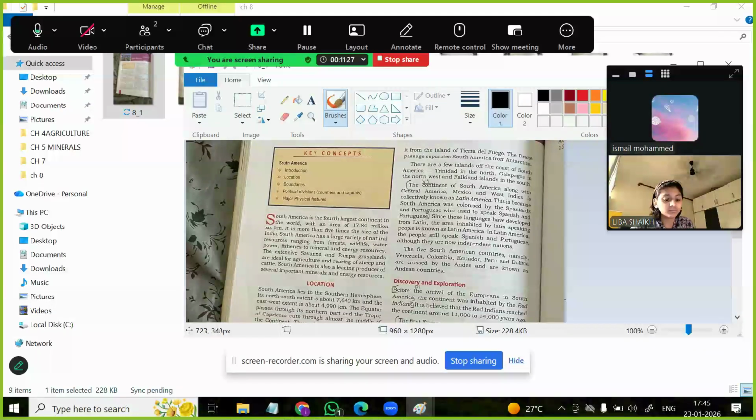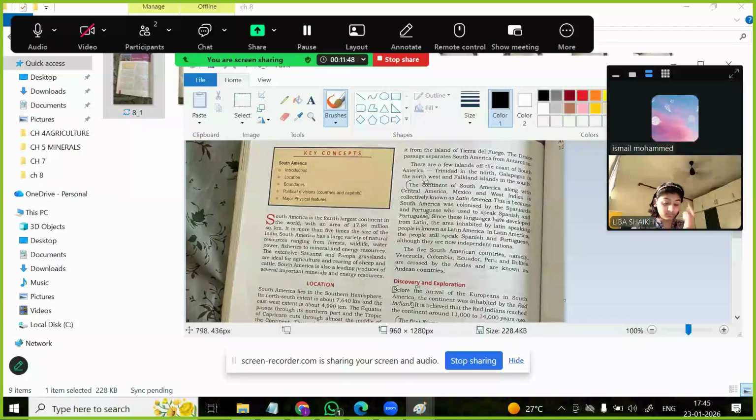These South American countries, Mexico, West Indies, these islands are all colonized by Spaniards and Portuguese, and they speak Spanish and Portuguese. And these languages developed from Latin. So Spanish and Portuguese are Latin languages.